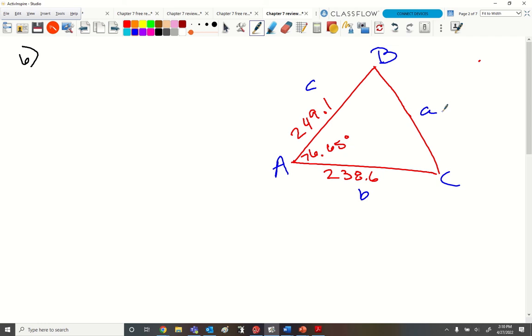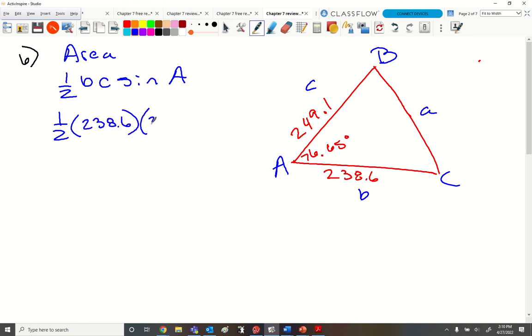So my area is going to be 1/2 b c sine of A. So 1/2 b, which is 238.6, c, 249.1, sine of 76.65 degrees.